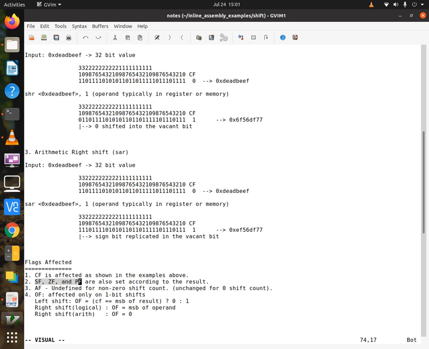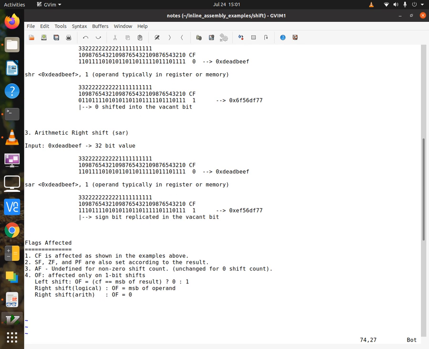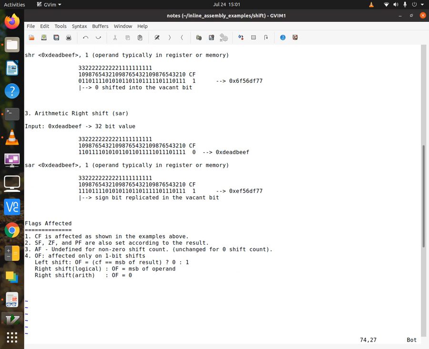The auxiliary carry flag is undefined for a non-zero shift count. The overflow flag is only affected for a 1-bit shift count. So when the shift count is a 1, that's when you see the overflow flag updated, and the value that the overflow flag gets depends upon the shift.